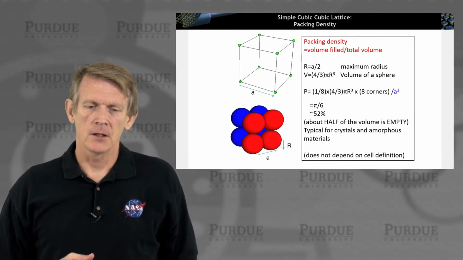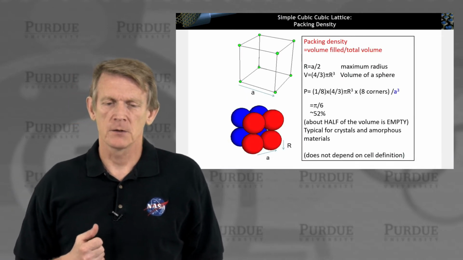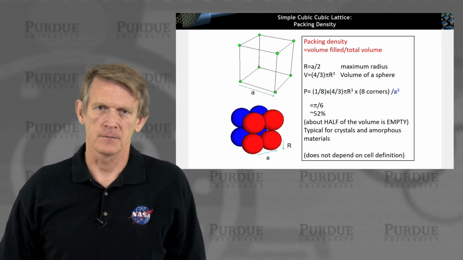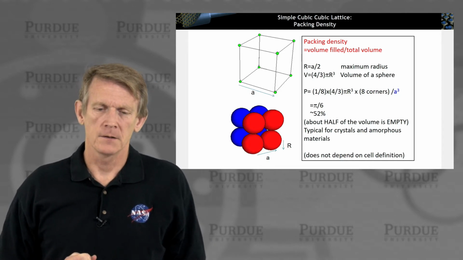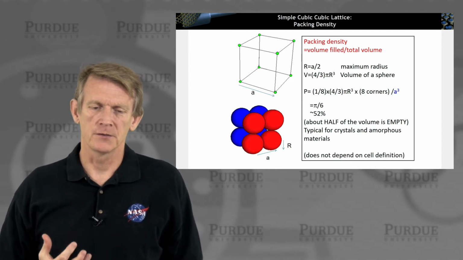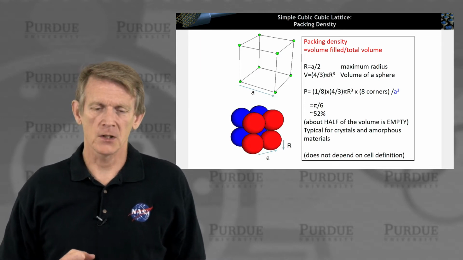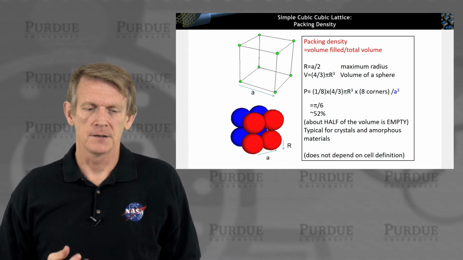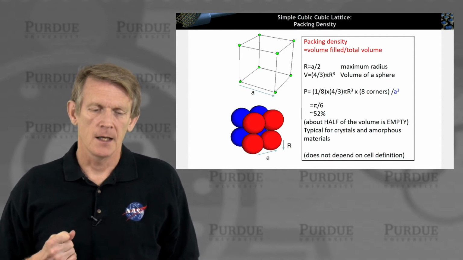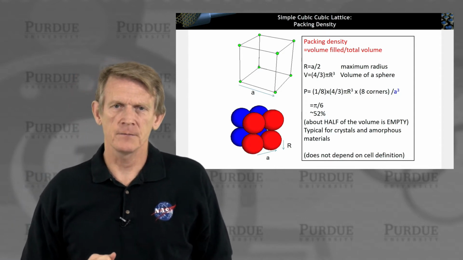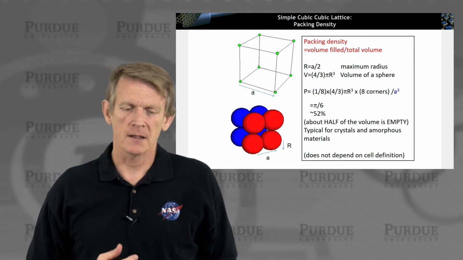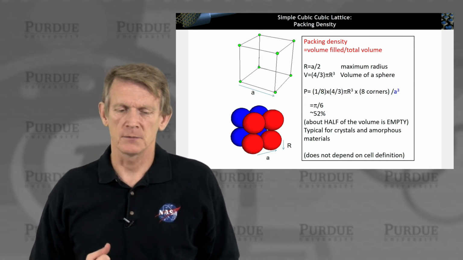All right. Now, there's another density we want to look at. That's the packing density. And the question is, how much volume is really filled up with these atoms? So let's consider a simple cube again. And we take a perfect sphere as an atom, and we make these spheres as large as possible.